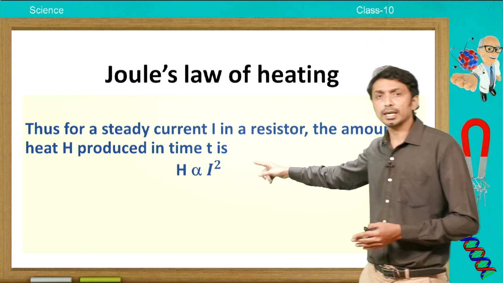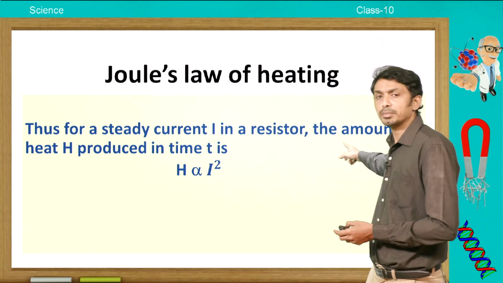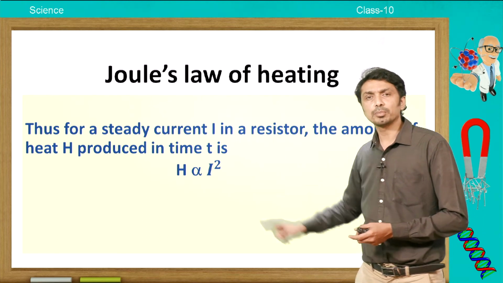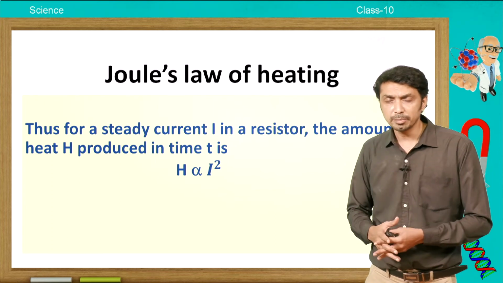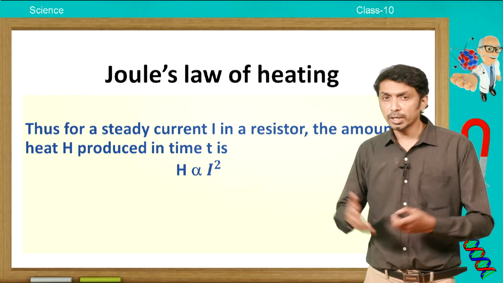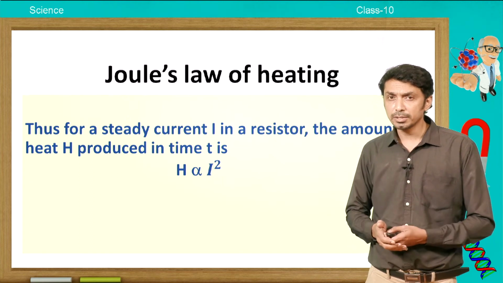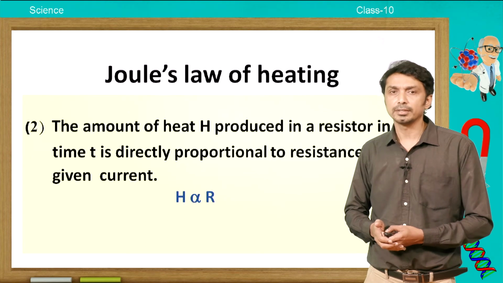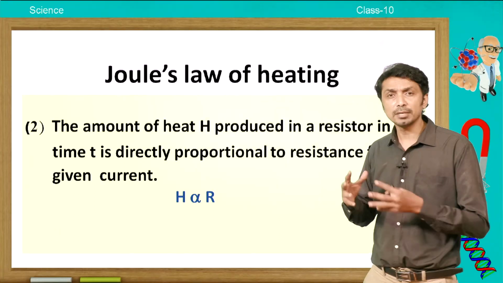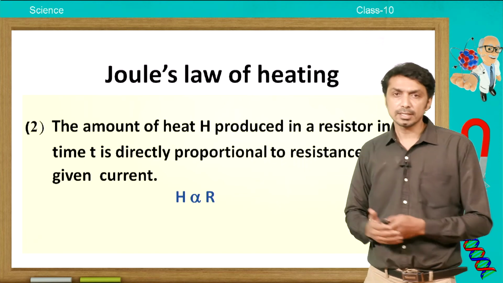For a steady current I, the heat energy produced H in time t in the circuit is directly proportional to I square, that means to the square of the electric current. What else does the heat energy produced depend on? Yes, you are right. The second factor is the resistance of the conductor. So, the amount of heat produced in a resistor in time t is directly proportional to the resistance of the conductor.